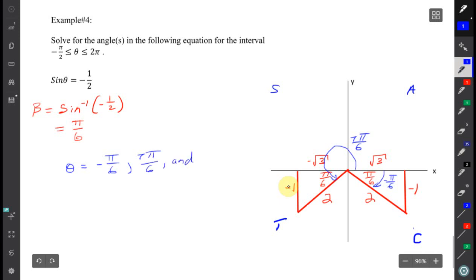And the last angle, rotating around to here. So in this case, it's easier to think of the fact that if I go 2 pi, I back up pi by 6. So 6 pi by 6, 12 pi by 6, back up 1, that's 11 pi by 6.